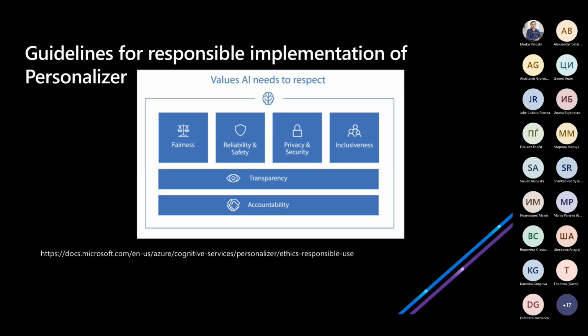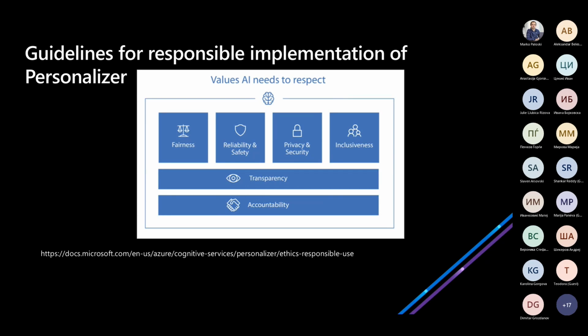Also, we mentioned before, we got this data from the user because we follow the privacy and security guidelines. We should be careful of that, not store the information that the user gives in bad faith. So keep that in mind, because we are working with Azure Personalizer with user data.